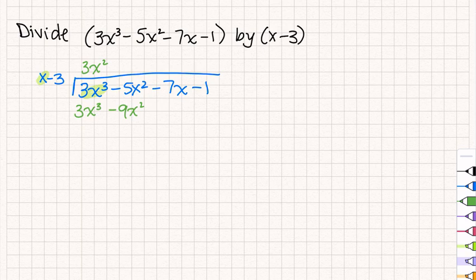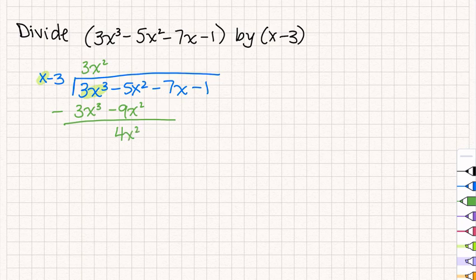Now we're going to subtract. So 3x cubed minus 3x cubed is just 0. You can write a 0 or you can just leave it blank. And then negative 5x squared minus 9x squared. What does that give me? That's going to give me 4x squared.